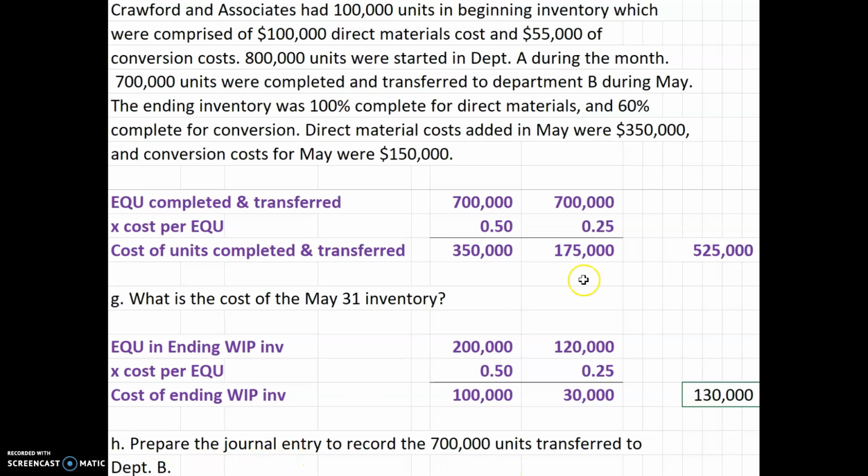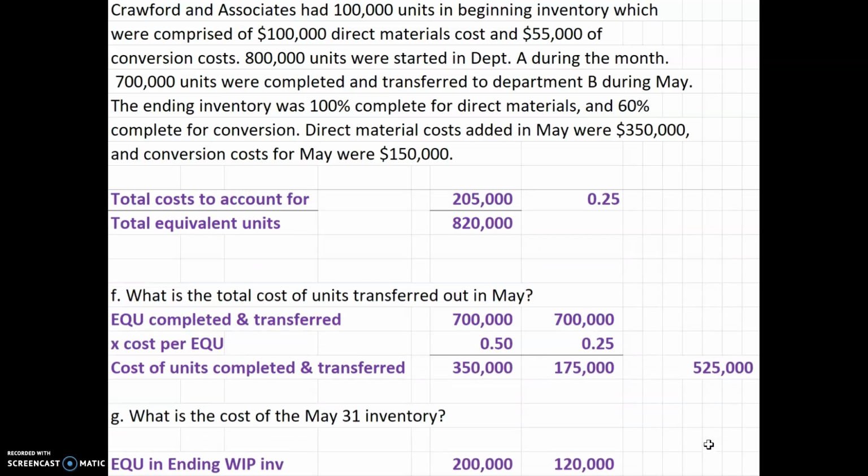We can then add together the cost we've assigned to the units completed and transferred and the cost we've assigned to ending work in process, and we can see the total cost we've accounted for. So if we add the 525 and the 130, we have 655,000 costs that we can account for.